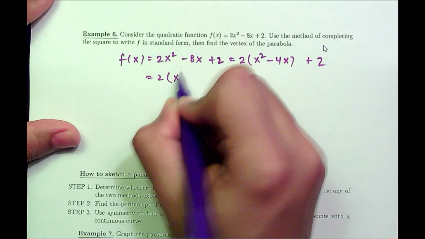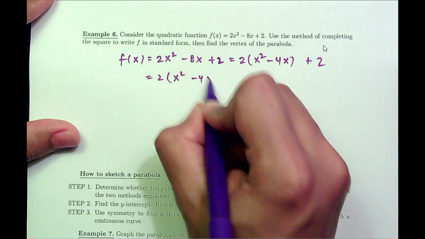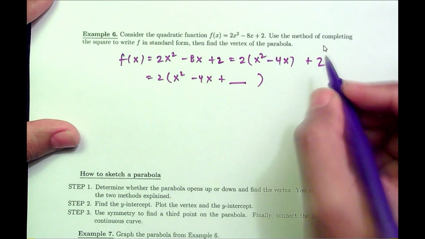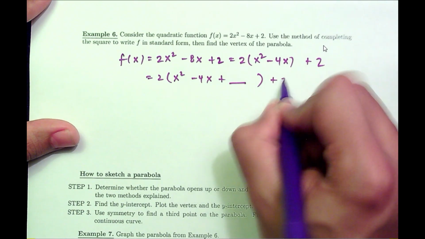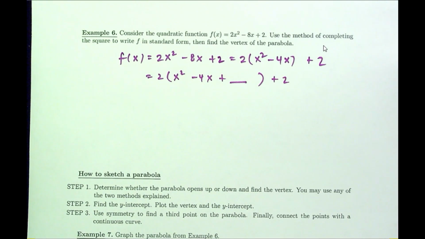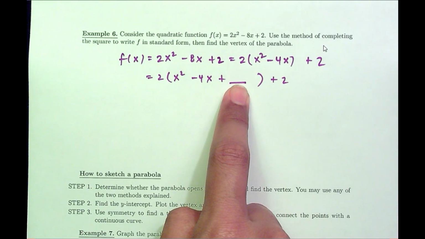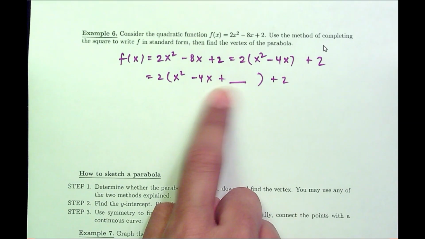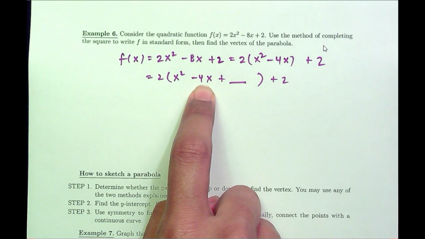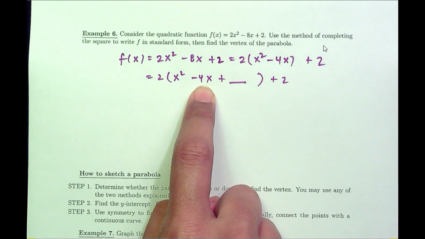All right, and now we're going to complete the square. I just copied everything, and now we're going to add the part that I need to complete the square. The method of completing the square, if you remember, is to divide that by 2 and square that. So negative 4 divided by 2 is negative 2, squared is positive 4.